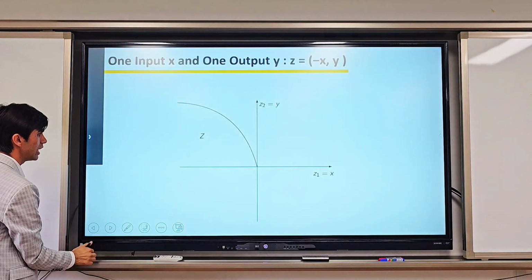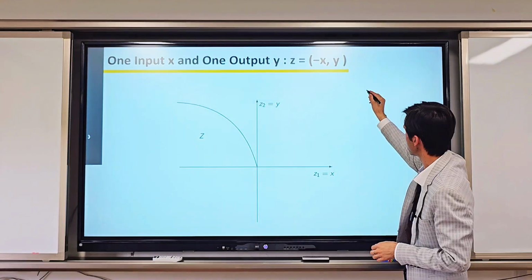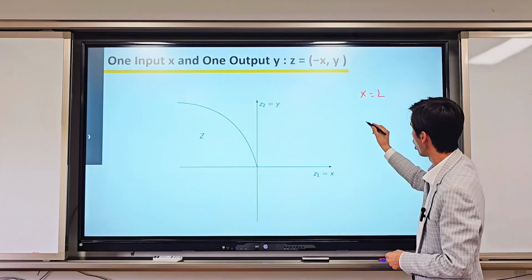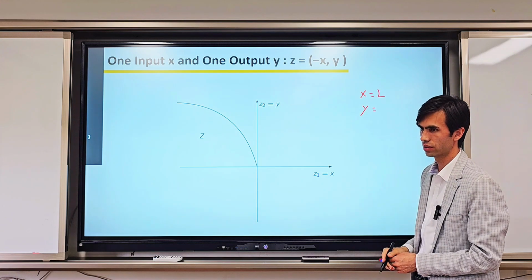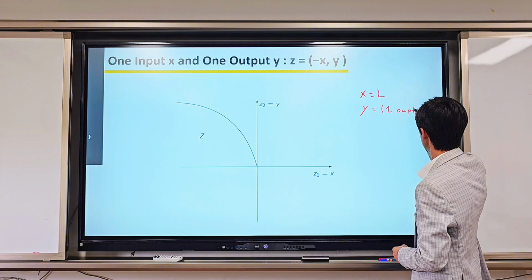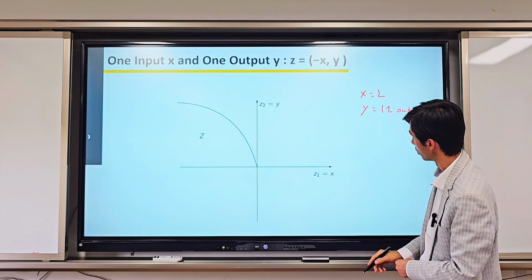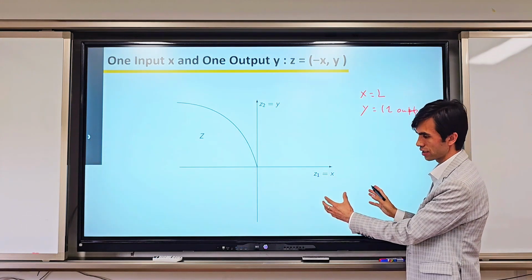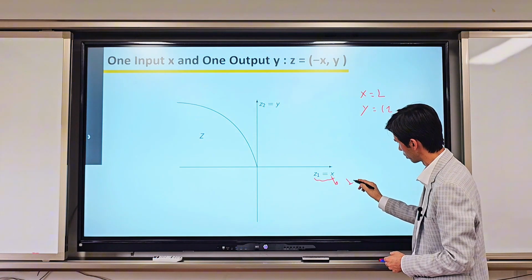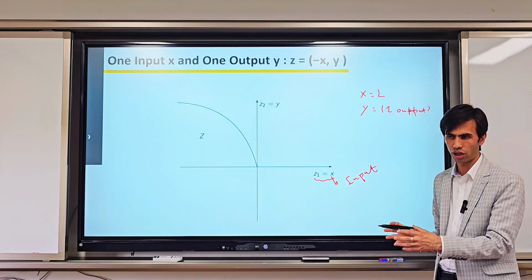So here, if we have only one input as X, for example, this X is your labor, and we have one output as Y. If you are going to visualize this one, here Z1, which is equal to X, shows our input from all the sets of production plans, all the combinations of production plans.